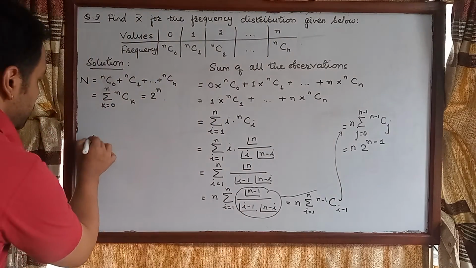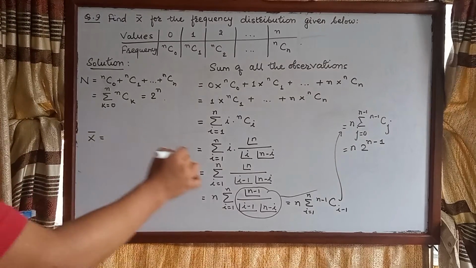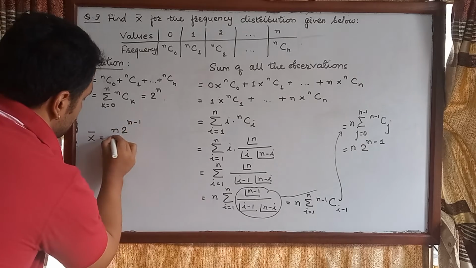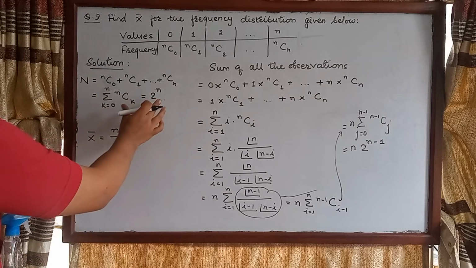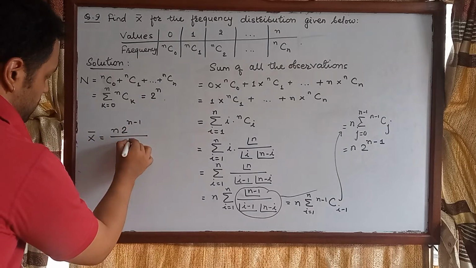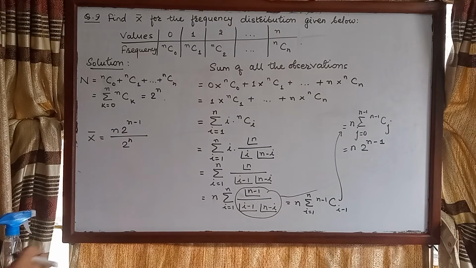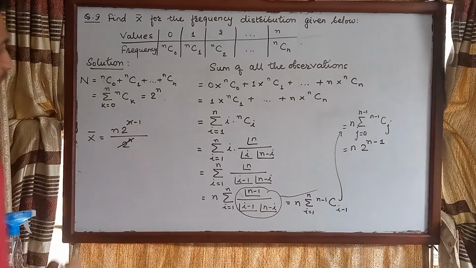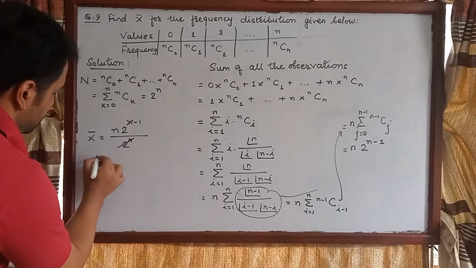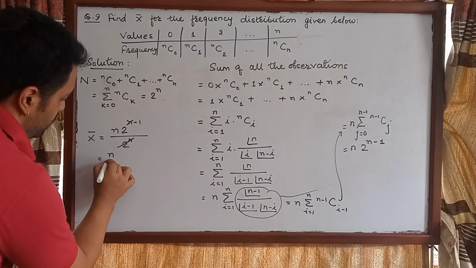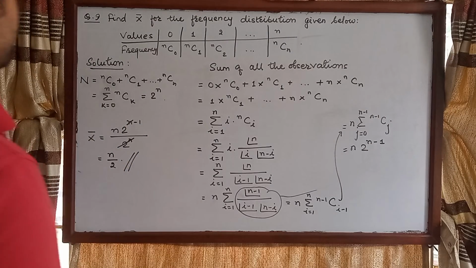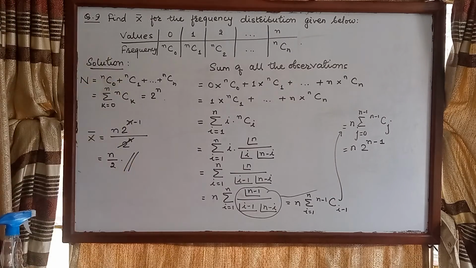So the mean will be equal to the sum of all the observations over the total number of observations. And we can cancel out 2 raised to the power n, which means that the mean is equal to n over 2.